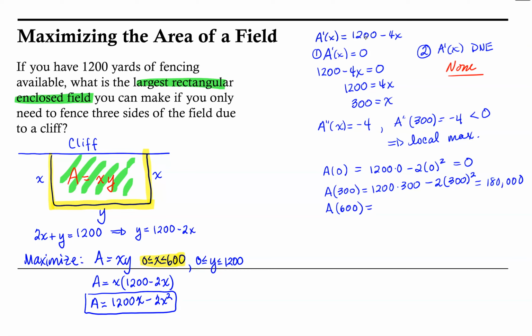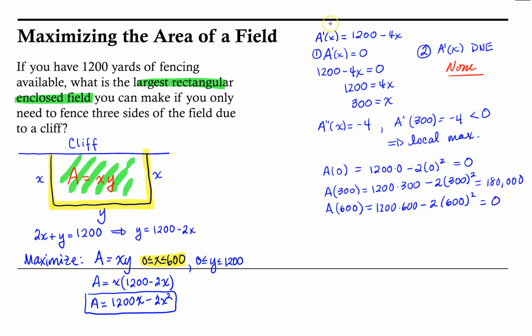And then we'd have area at 600, which would be 1200 times 600 minus 2 times 600 squared. And if we simplify that, we will end up with 0 as well.